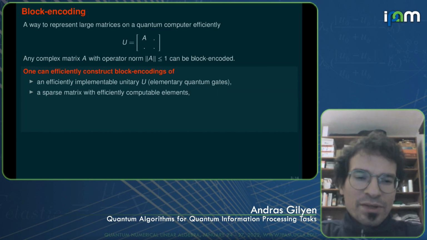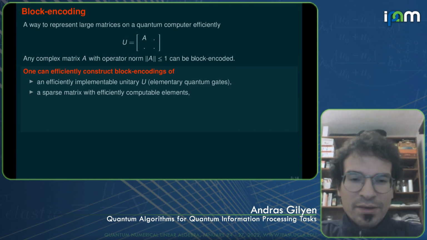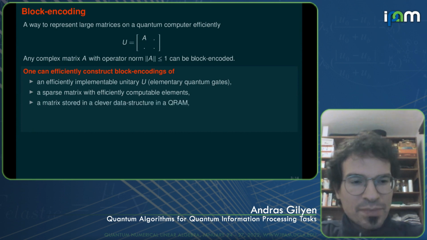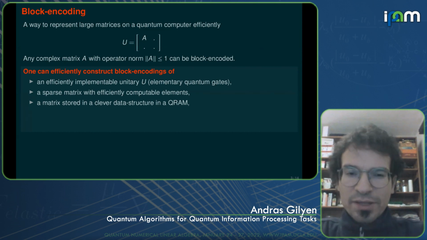Then what is used in the original HHL algorithm by Harrow, Hassidim, and Lloyd is that if you have a sparse matrix with efficiently computable elements, then you can also represent this matrix as a quantum circuit. And then a different model, which is usually used in quantum machine learning, is that you have access to a matrix which is stored in a clever data structure in a quantum accessible RAM, a QRAM.